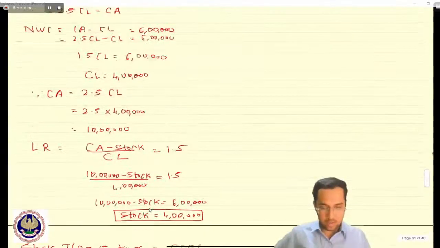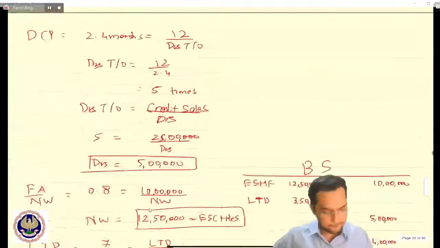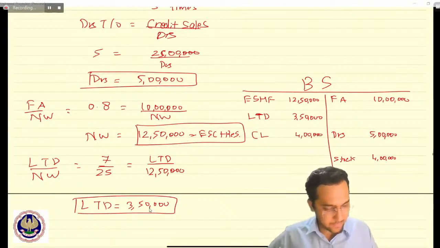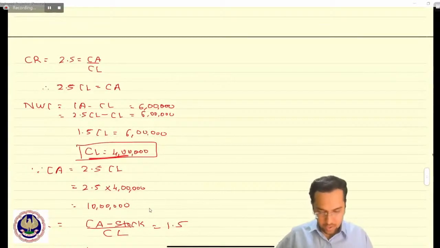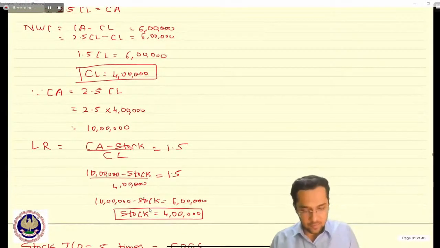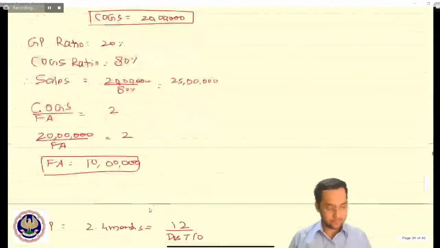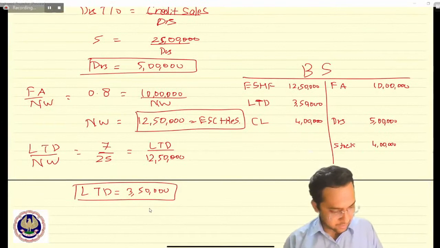Any other thing you have computed? We have also computed a current liability of 4 lakh. Then we have net working capital, current liability, and current assets was 10 lakh. Total current assets should be 10 lakh.